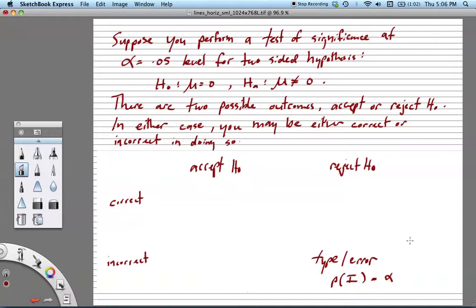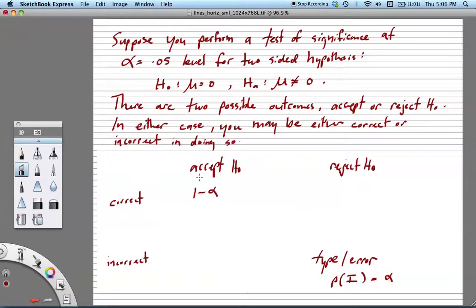Okay, good. Let's see what else we can say. Okay, let's say that we decide to accept the null hypothesis, and we've done so correctly. Well, I would call that a type 1 success. But basically, the probability of that happening is equal to 1 minus alpha.